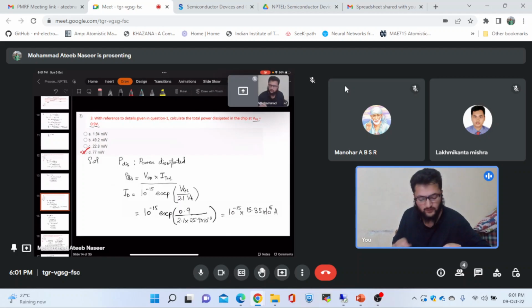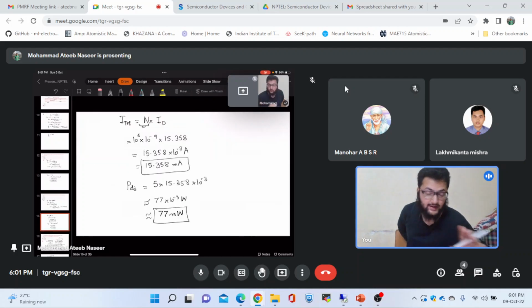The current in the sub-threshold region is given by 10 to the power of minus 15 times exponential of VGS by 2.1 VGS. We put the VGS value in this expression to get the current per transistor, which came out to be 15.3 into 10 raised to power minus 9 ampere.